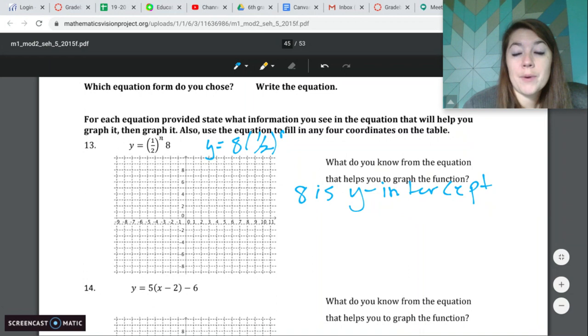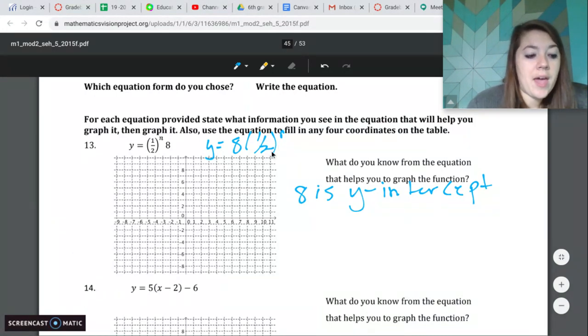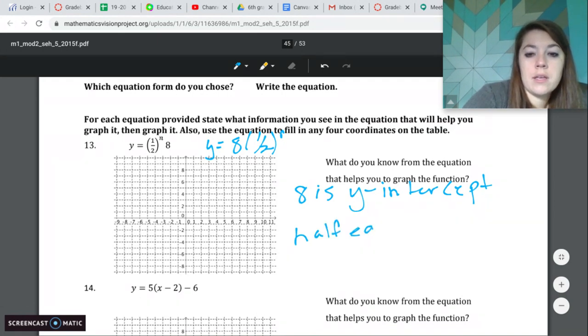So the number on the outside is always your y-intercept because the number in the parentheses is being taken to the power of 0, and the power of 0 makes everything 1. What else do we know? Well, we should know based on the rate that it's 1/2 each next value.